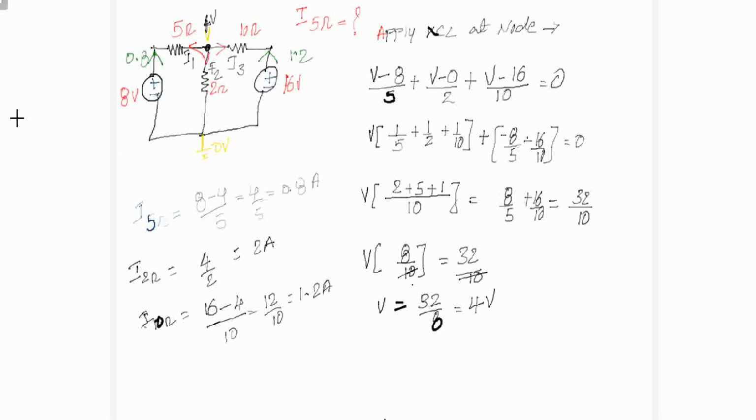It means that if I consider the 3 resistors individually, this is your 5 ohms, this is your 2 ohms, this is your 10 ohms. The current in this 5 ohms is 0.8 amperes, and the current in this 10 ohms is flowing like this. The value is 1.2 amperes. These both currents are meeting at this point, and the current in this 2 ohms is 2 amperes.